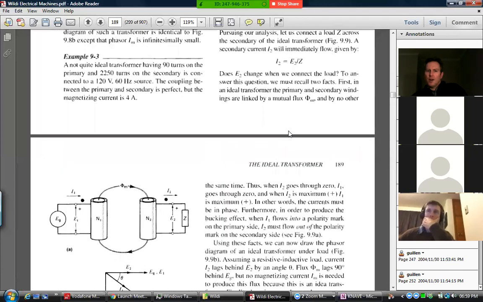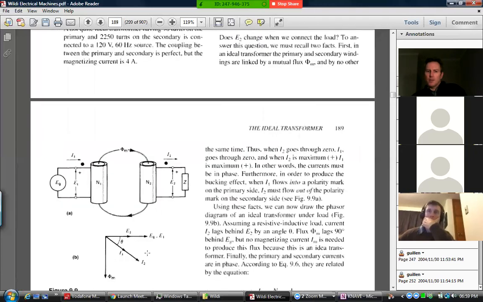Okay, but when that current flows, there'll be a certain phase lag between the secondary voltage, which is in phase with the primary, and the current. That phase lag will be dictated purely by the phase angle, the impedance triangle.